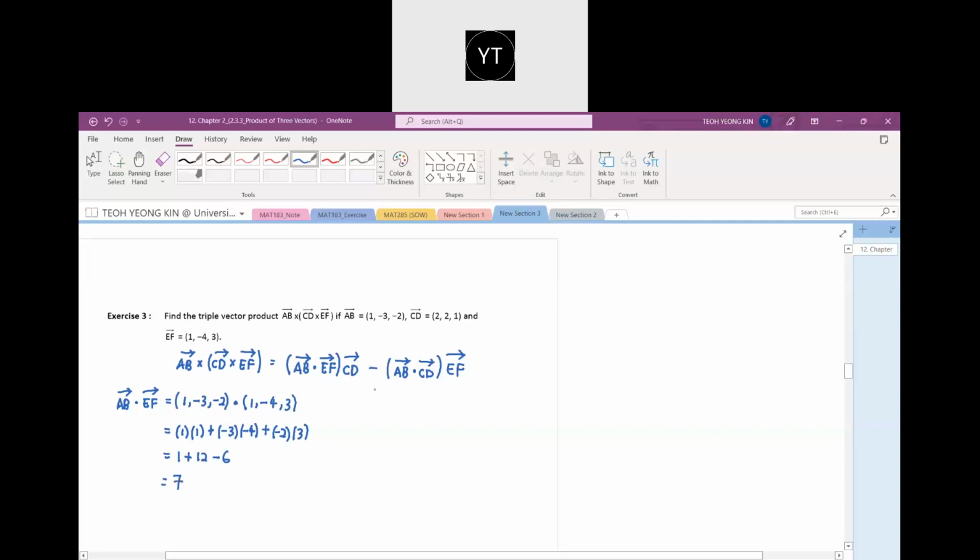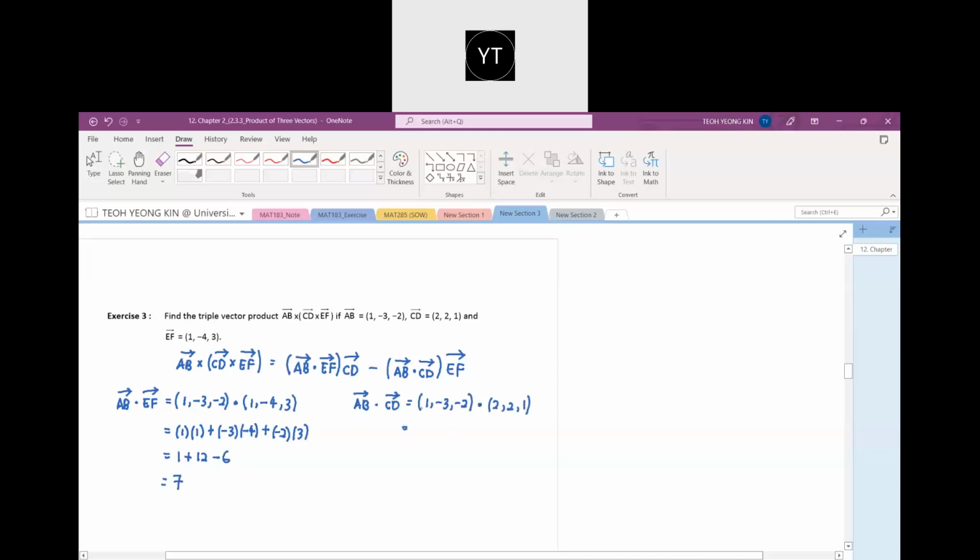Then the dot product of AB and CD, where AB is again 1, -3 and -2, dot product with CD 2, 2 and 1.